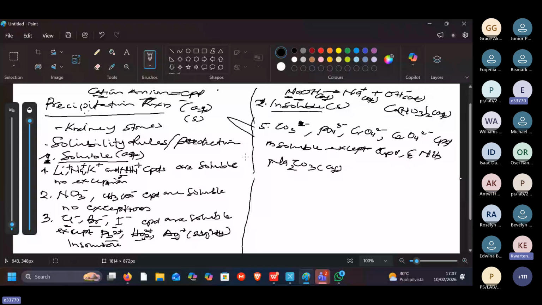So that's the exception. When it meets with group 1 and then ammonium, sorry, I've written ammonium, then that becomes soluble.